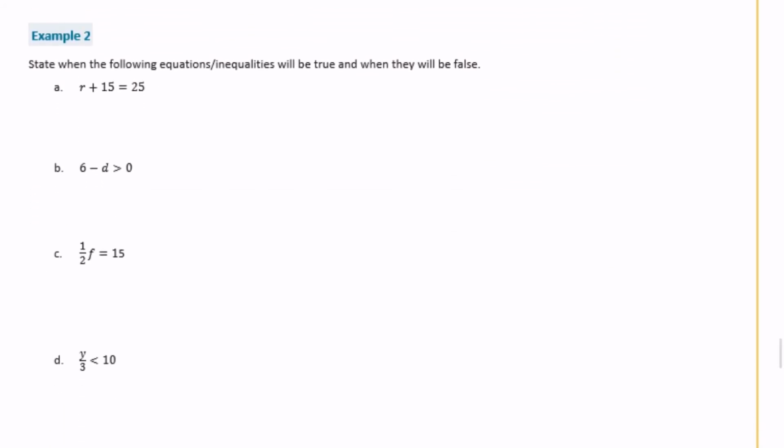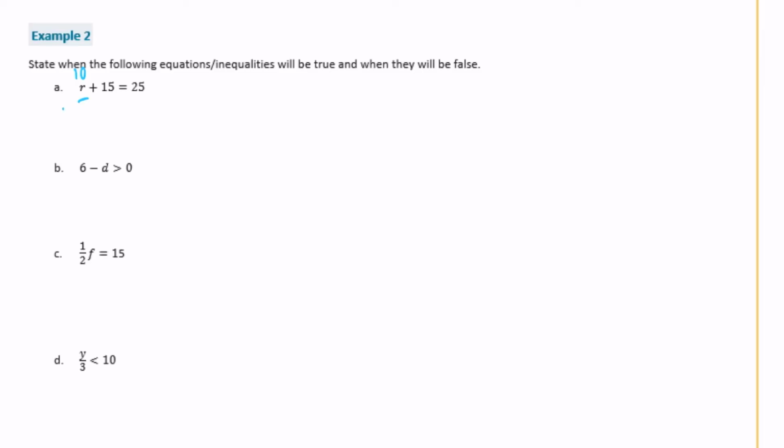Okay, on to example 2. State when the following equations and inequalities will be true and when they will be false. Okay, so let's start with when this will be true. R plus 15 is equal to 25. So what does R need to be to make this 25? Well, 10 plus 15 is 25.